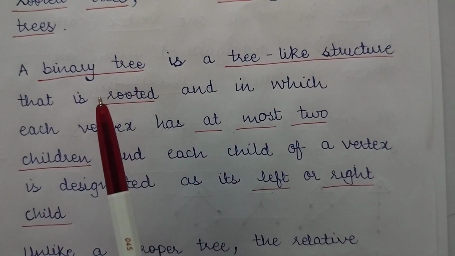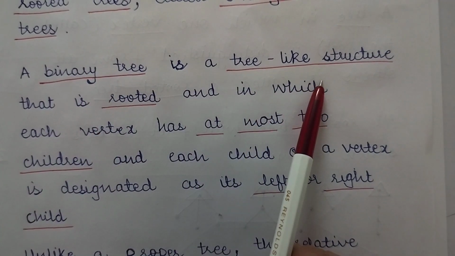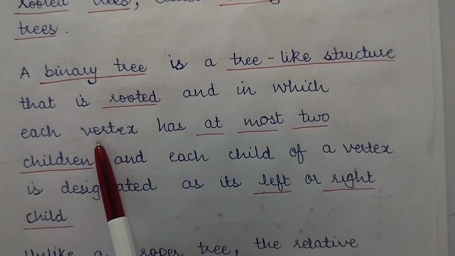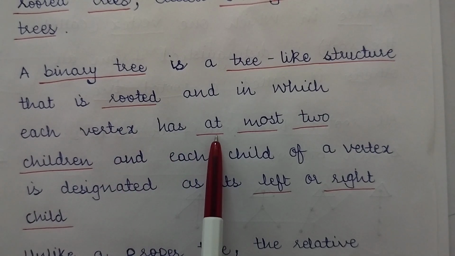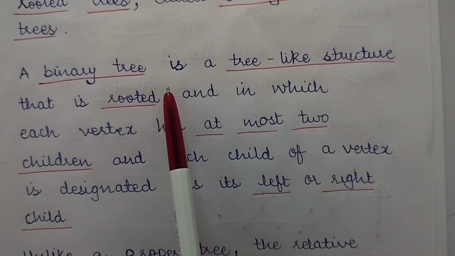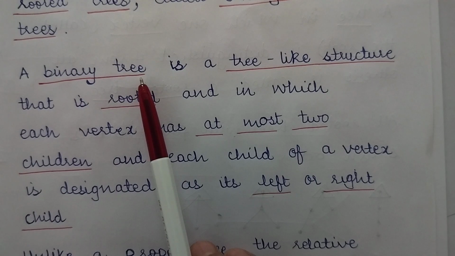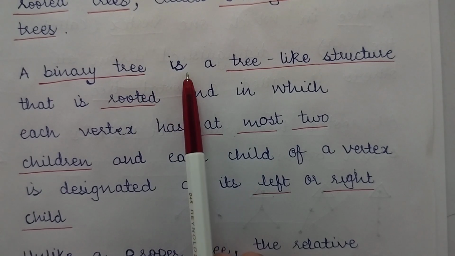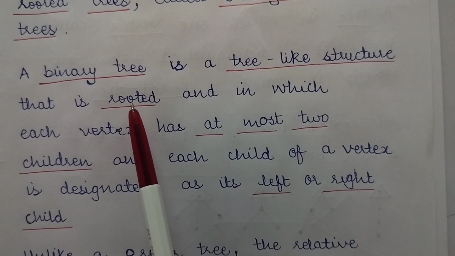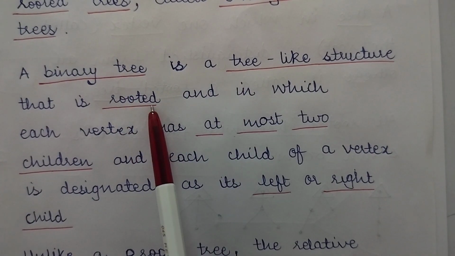In general, we call them binary trees. A binary tree is a tree-like structure that is rooted and in which each vertex has at most 2 children. So as you know, a rooted tree has a root vertex. So obviously if a binary tree is a special class of a rooted tree, it will also be a rooted tree. Obviously it is a tree-like structure that is rooted.